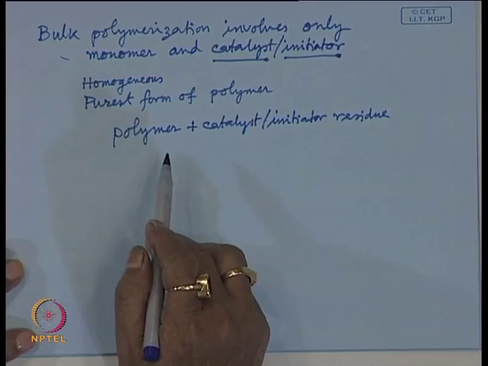But there may be a problem. In case of condensation polymerization, it involves very high temperature. When I show you this with the help of certain flow diagrams, synthesis of polyester, manufacture of polyester or nylon, you will see that it involves very high temperature, because the melting points of the intermediates are very high.